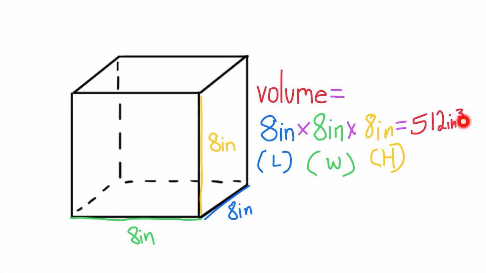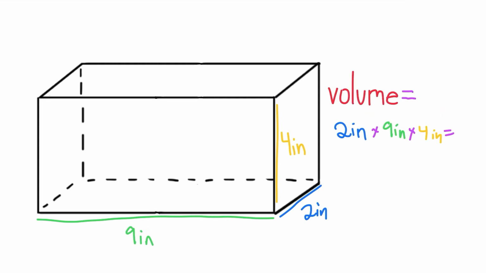And the 3 here is to symbolize that this number is the volume of this shape, because we are multiplying 3 things to find the volume. And whenever you're saying it out loud, you would never say 512 inches 3, you would always say 512 inches cubed. Okay, now let's go on to our next problem.